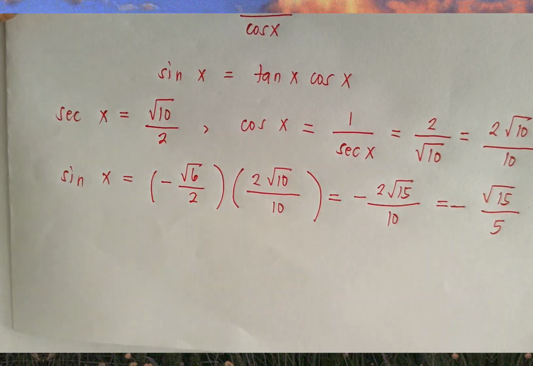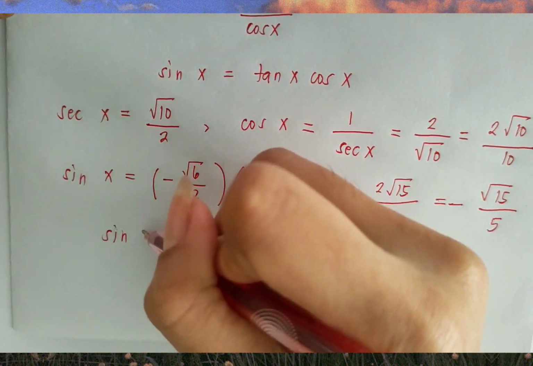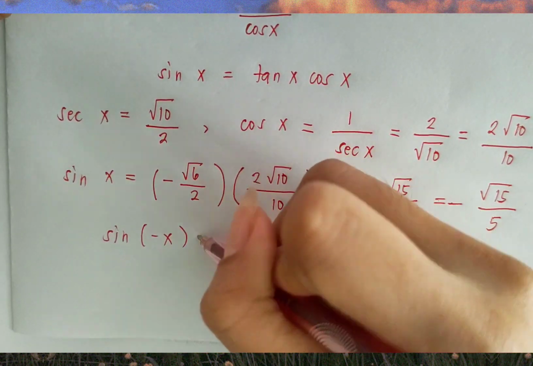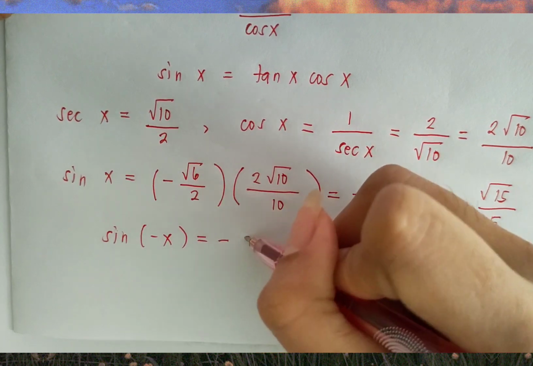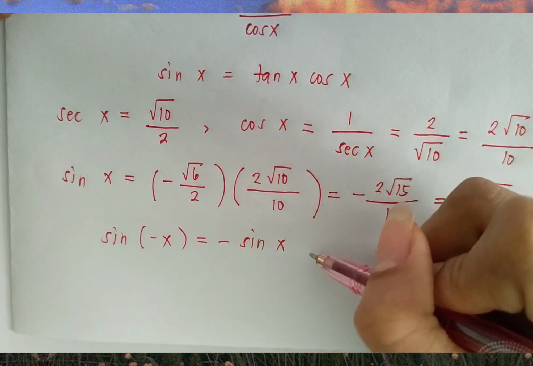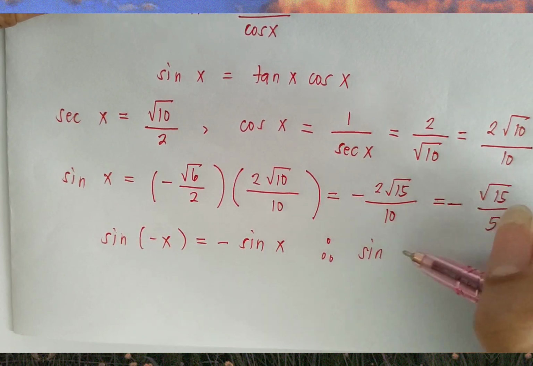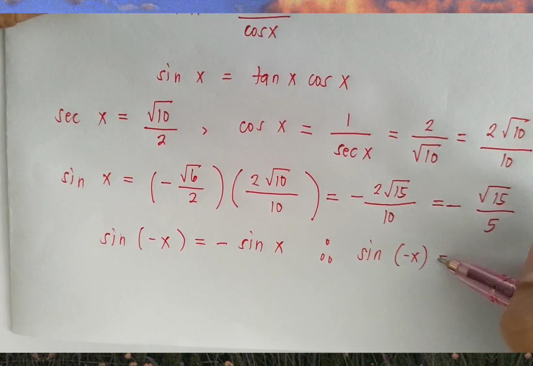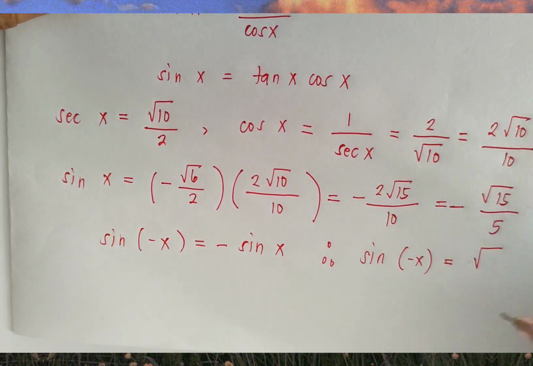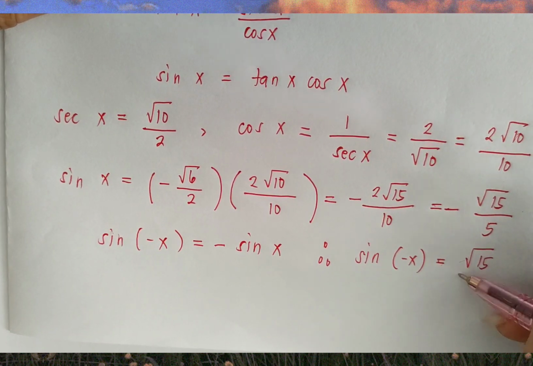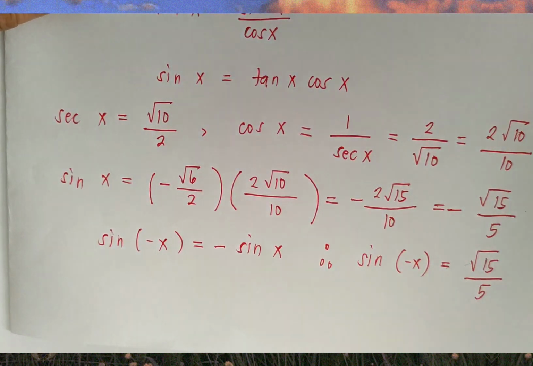And we know that sine negative x is equivalent also to negative sine x. Therefore, sine negative x is equal to square root of 15 all over 5.